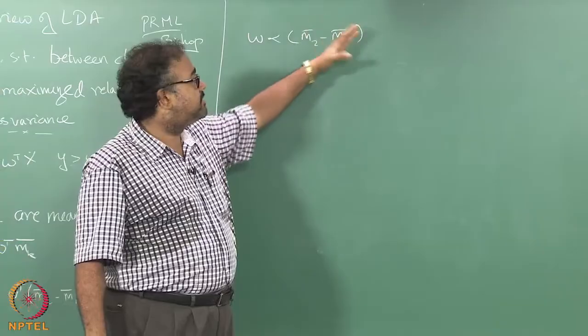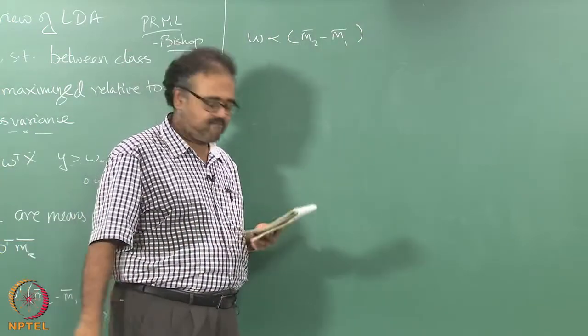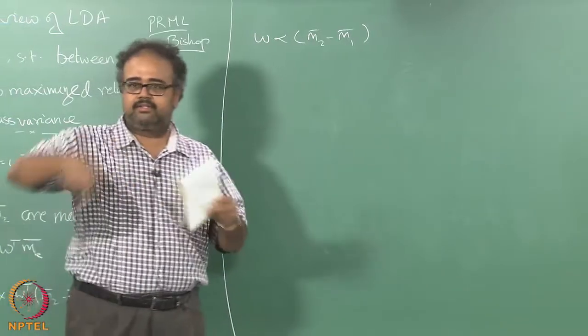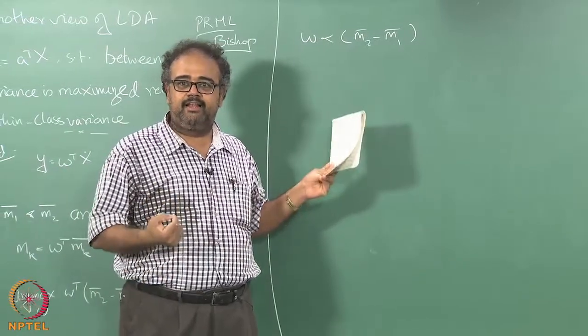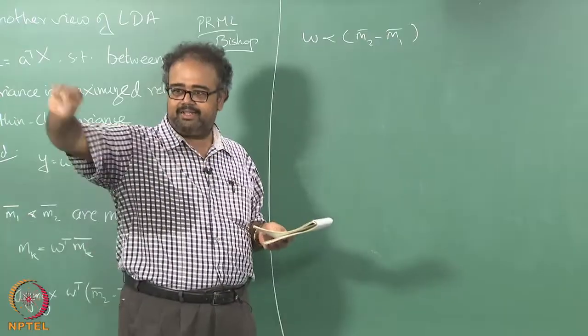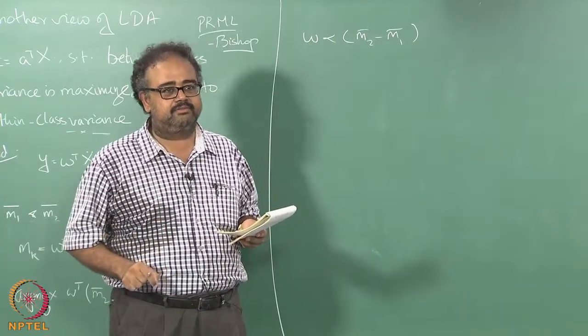So what does this mean? Take the means, and if again you can go back and show that if it is spherical, then the constant will be half. So it will be the midpoint of the line dividing the two means.